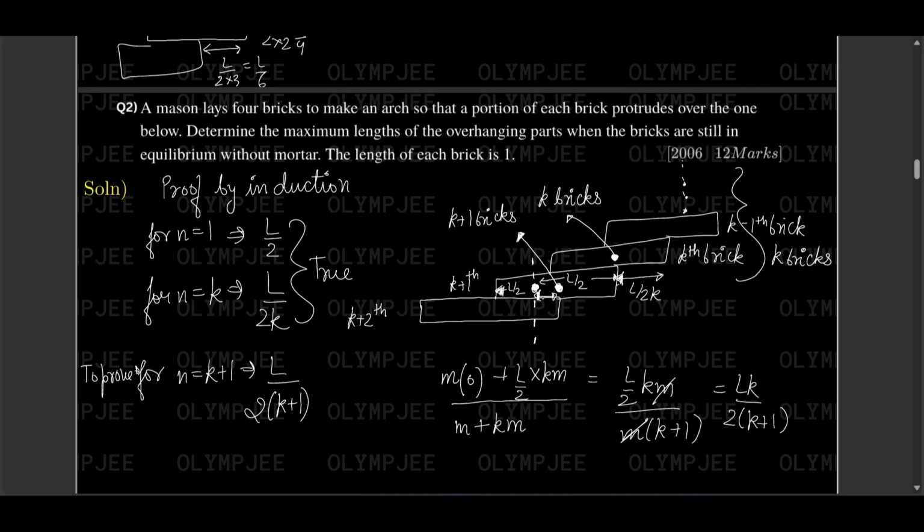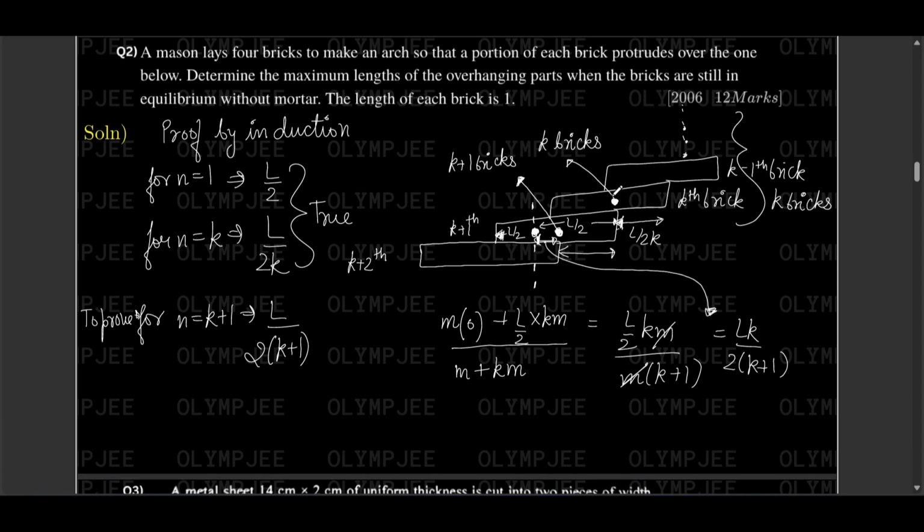So this length I have obtained. Now I have to find the overhang length. That will be equal to L by 2 minus Lk by 2 into k plus 1, and this comes out as L by 2 into k plus 1. So I have proved this.